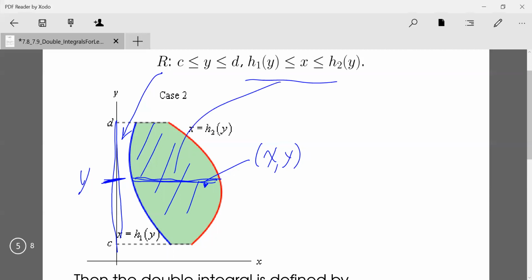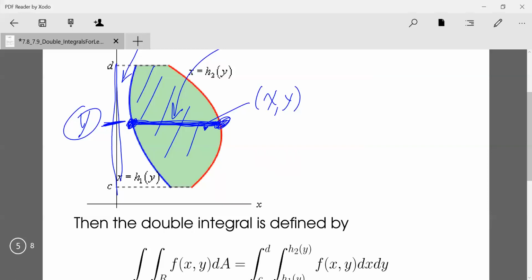Okay. So in this case, we're going to integrate with respect to x first. For each fixed y, we integrate x from here to here. And then the result is going to be a function of y.